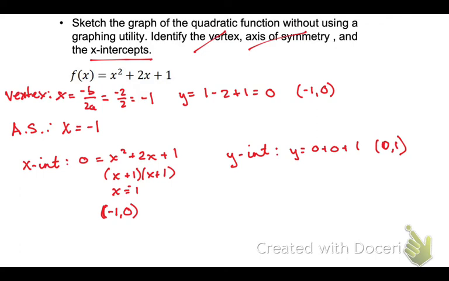And then sketch the graph. Do we have enough to sketch this graph? Yeah. The x-intercept and the vertex are the same thing, aren't they?